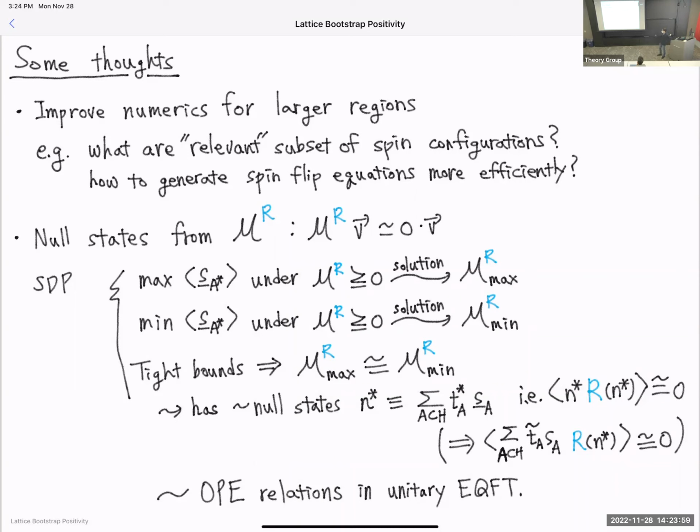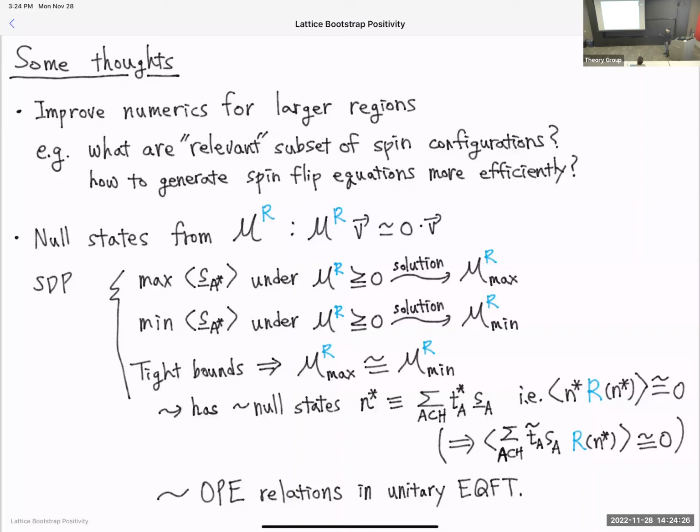So our setup was the following. We run the SDP program. We either maximize or minimize some spin correlator of interest under this positivity condition. Okay? And I mean, it's natural to expect that you're going to get the solution, this max or min, when this inequality is roughly saturated. And that's exactly when one of the eigenvalues becomes 0.